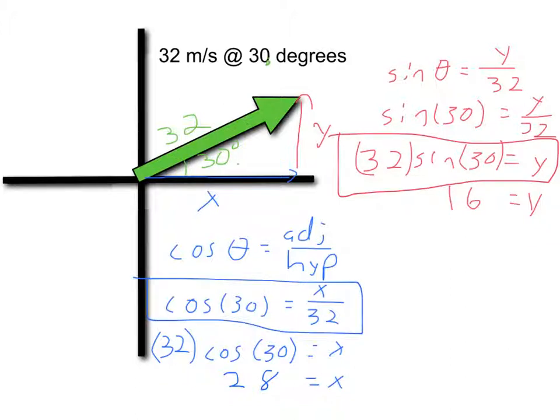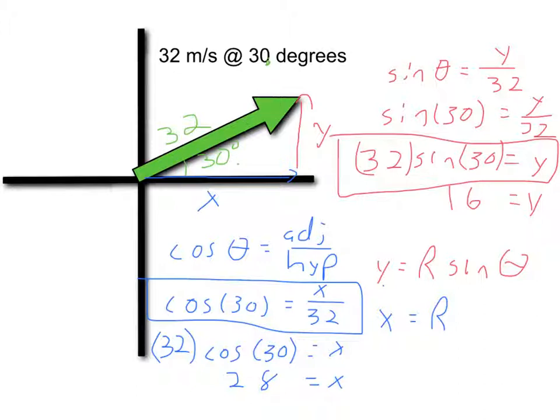Whenever you need the y component, or the vertical component, y is always going to come out to be r sine theta, where r is your vector length and theta is measured relative to the positive x-axis.